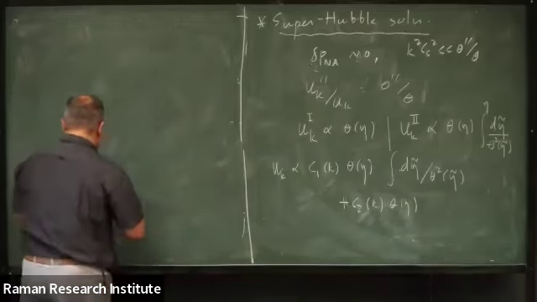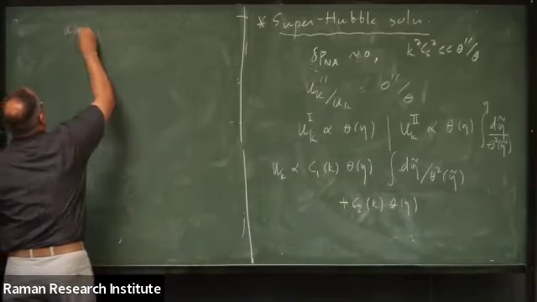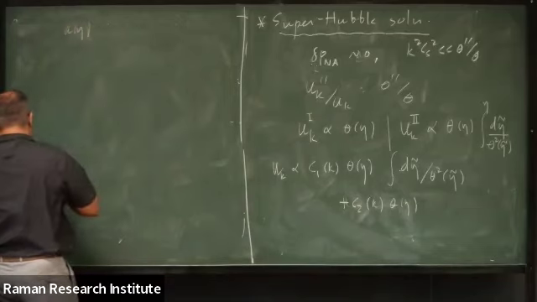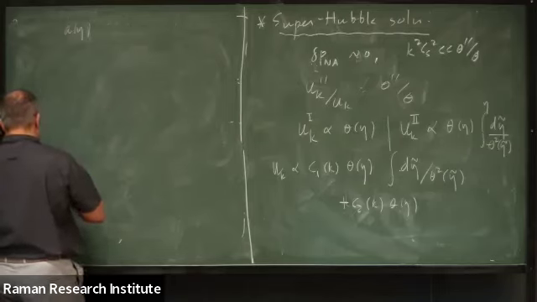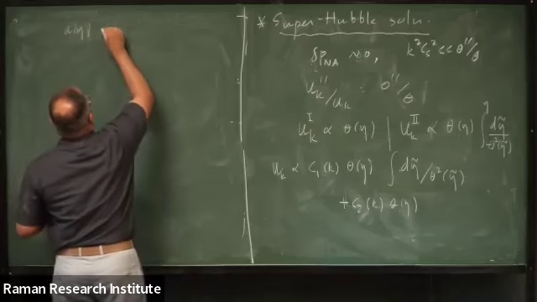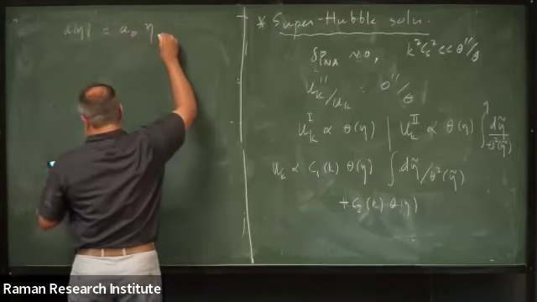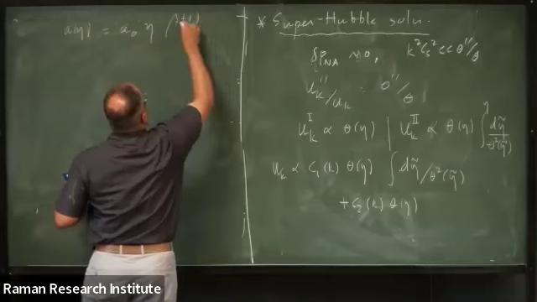So we are interested in a of eta, which is of this form. Just bear with me. Proportional to some a equal to a naught eta to the power beta plus 1.